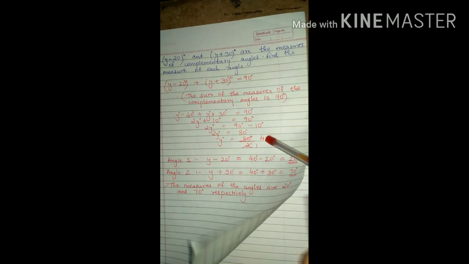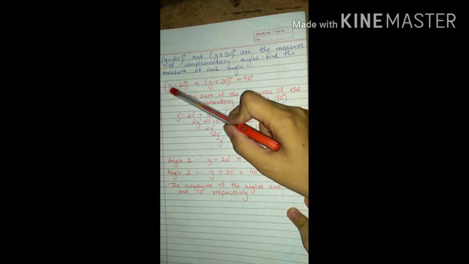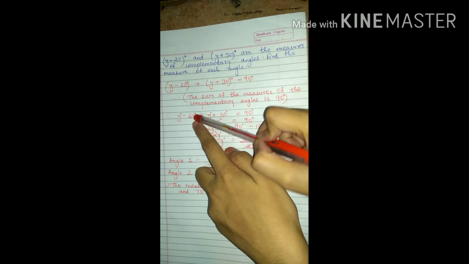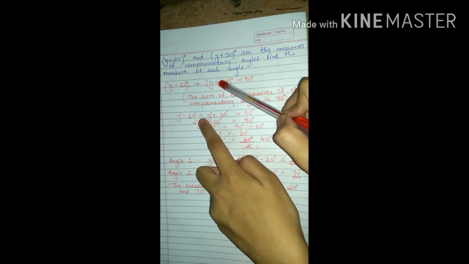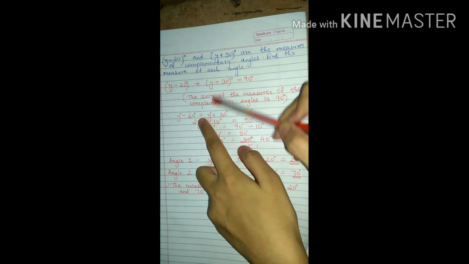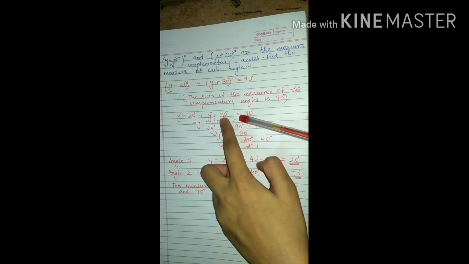This reason you have to mention. Okay, now we are opening up the bracket. See, y degree, y minus 20 plus, as there is a plus sign, so no change in sign when the bracket opens. So y degree plus 30 degree equals what?